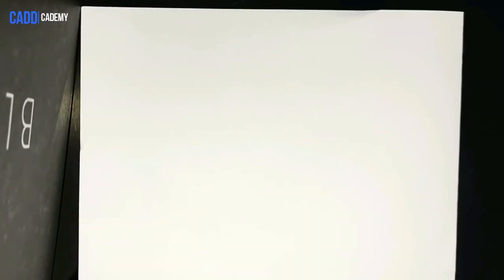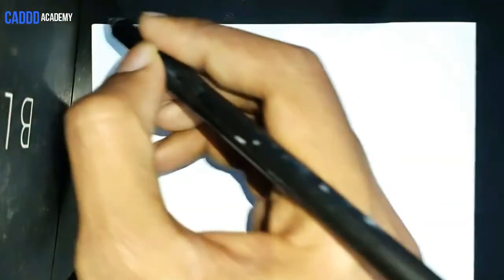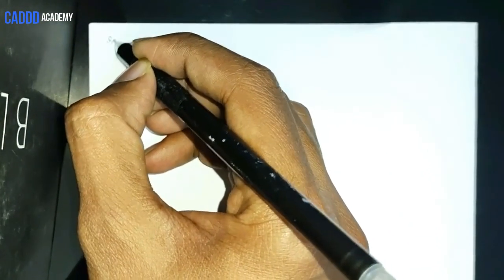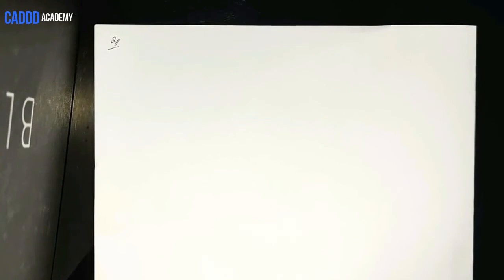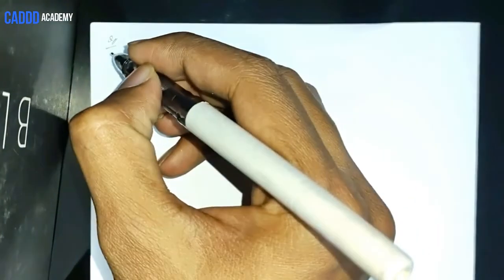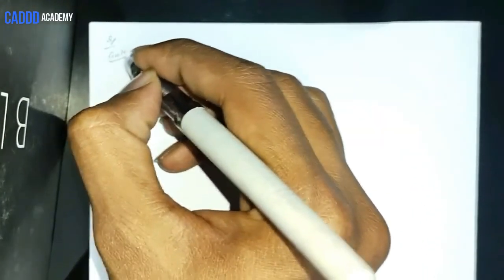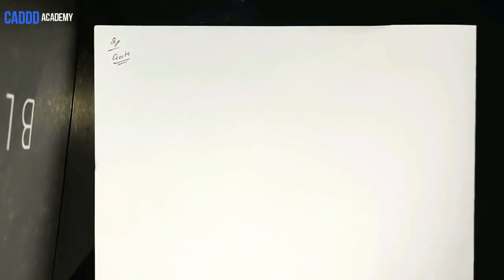Okay, so regarding equations reducible to variable separable method, I am taking a question which was asked in GATE. I don't know the exact year, but it was asked 3 to 4 years ago.